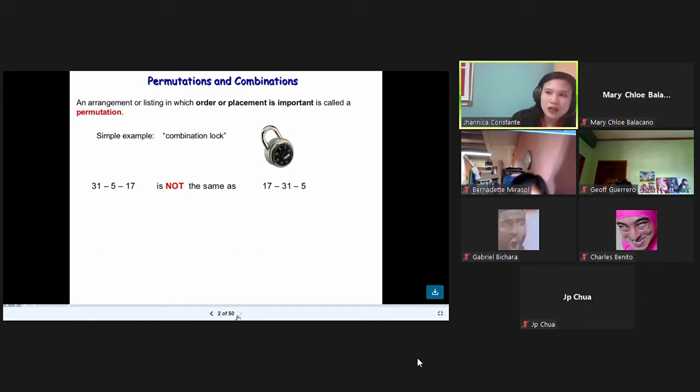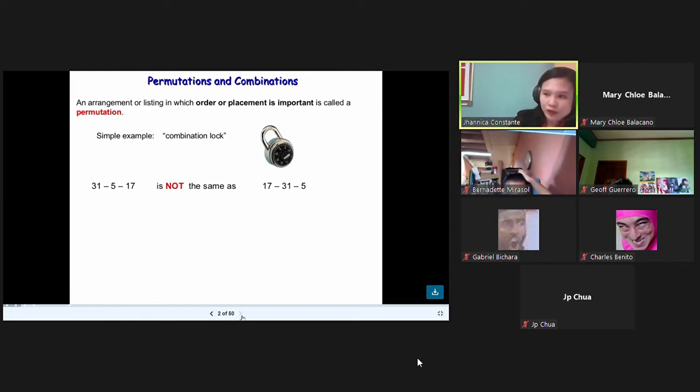Just like what we have here in the example, a combination of lock. For example, 31, 5, 17 is not the same as 17, 31, and 5. Diba sa lock, kapag 31, 5, 17 ang password mo, hindi siya same with 17, 31, and 5 because it's incorrect. So the arrangement of the numbers in that password is important. That's why we classify this example as permutation.